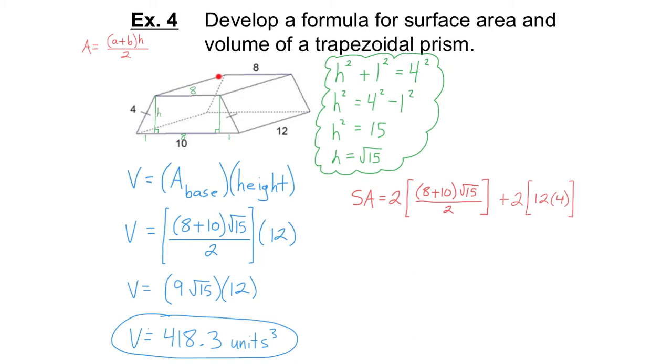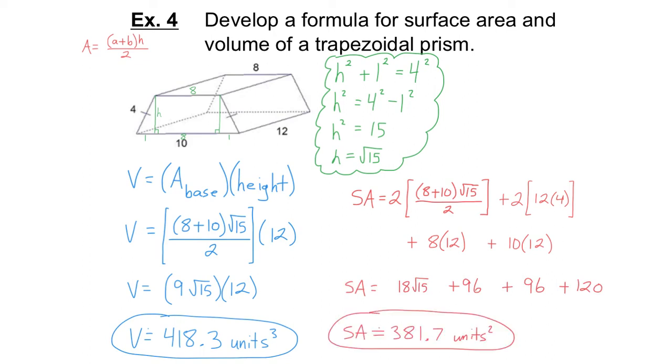Then I have the top rectangle, 8 by 12, and the bottom rectangle, 10 by 12. So if you add up all those areas, you end up with approximately 381.7 units squared.